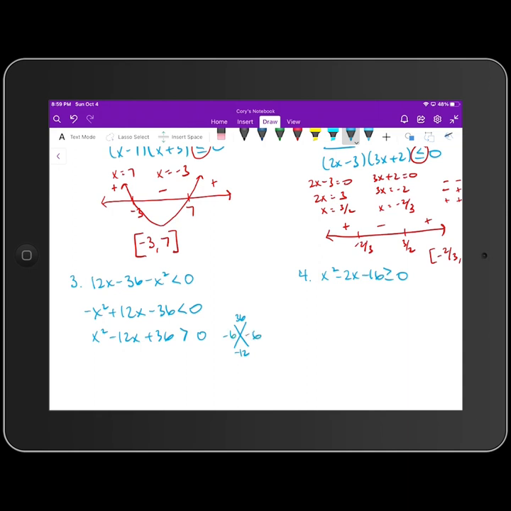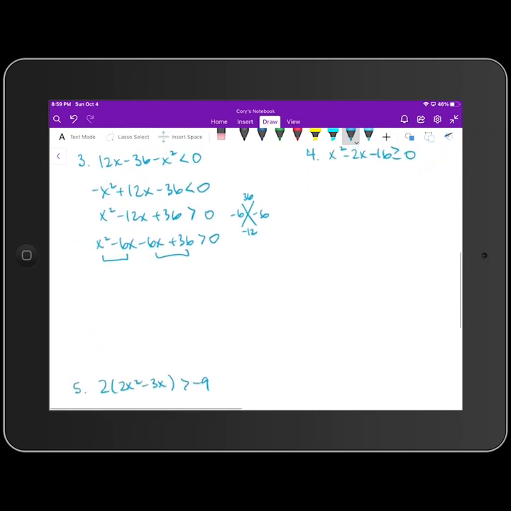And that is negative 6 and negative 6. Okay, which is going to make x squared minus 6x minus 6x plus 36. And then I'm going to factor by grouping.